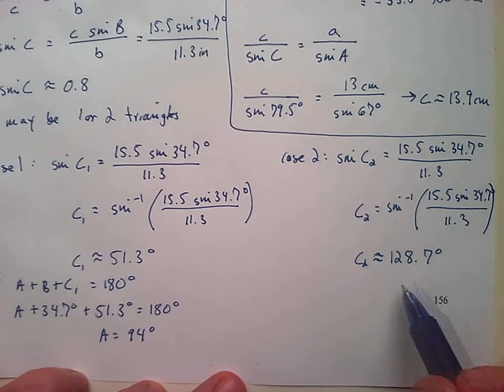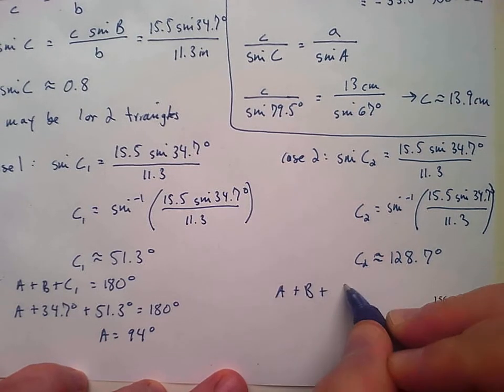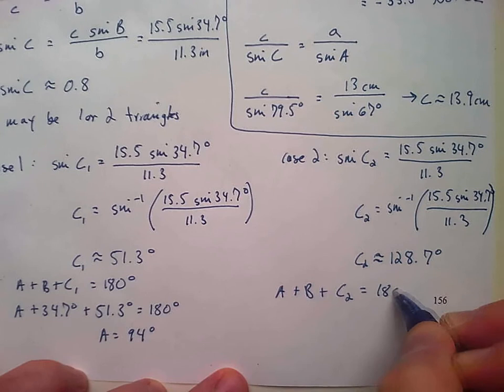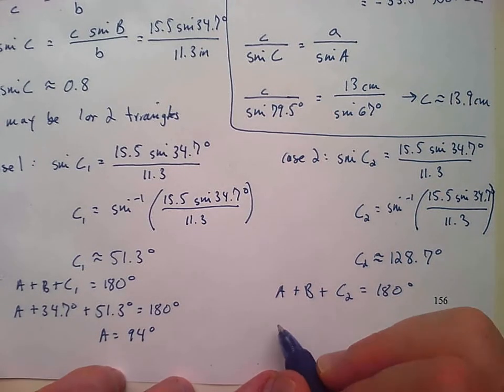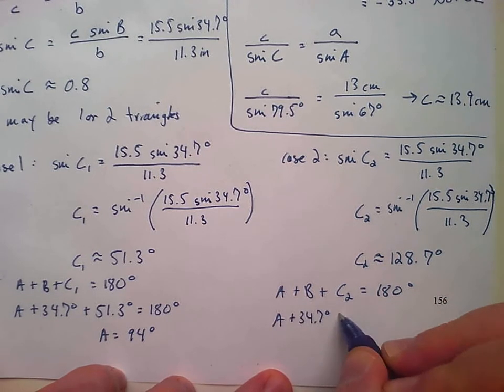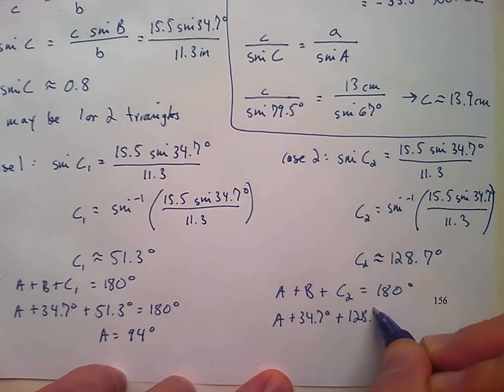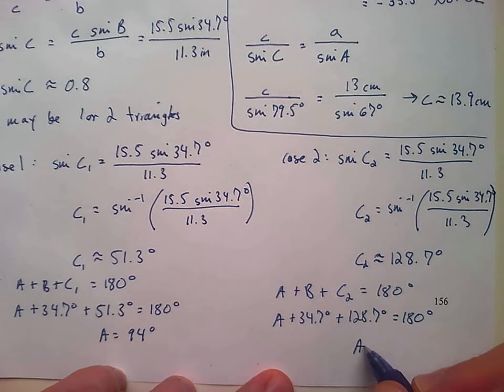Again, let's verify that this is a possible angle that we can have for a triangle. So if we take A plus B plus C2, we want to have that adding those three angles we can get 180 degrees. We now have that A plus 34.7 degrees plus 128.7 degrees, we want to have this add up to 180 degrees.